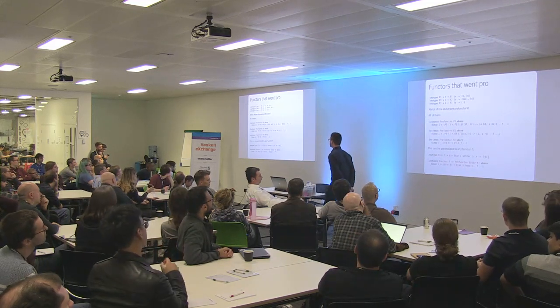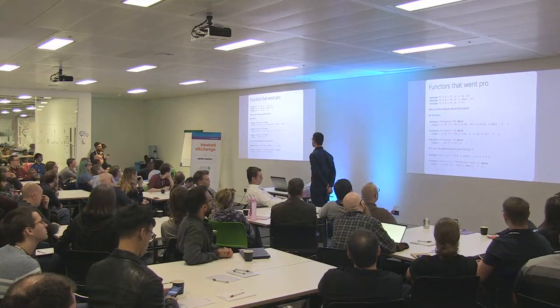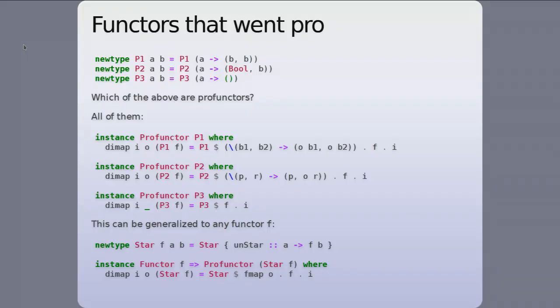So all of them have the profunctor instance, and as you can see, the form of all of these instances is pretty similar, right? And this can actually be generalized to any functor f. So we introduce a new type Star f a b, and basically it is a function from a to f of b. And if f is a functor, then Star f is a profunctor.